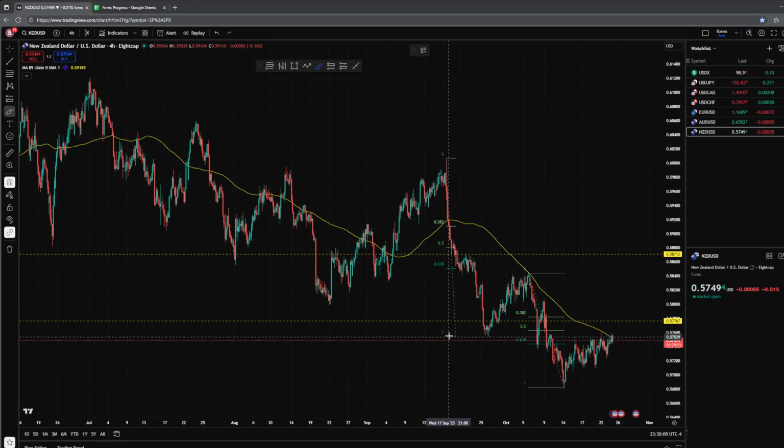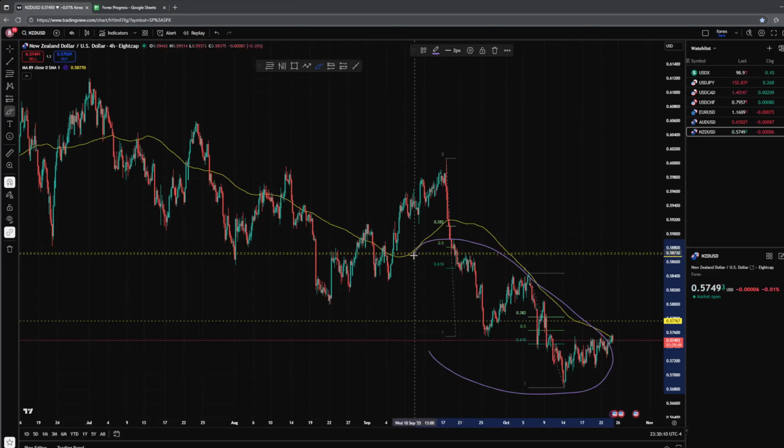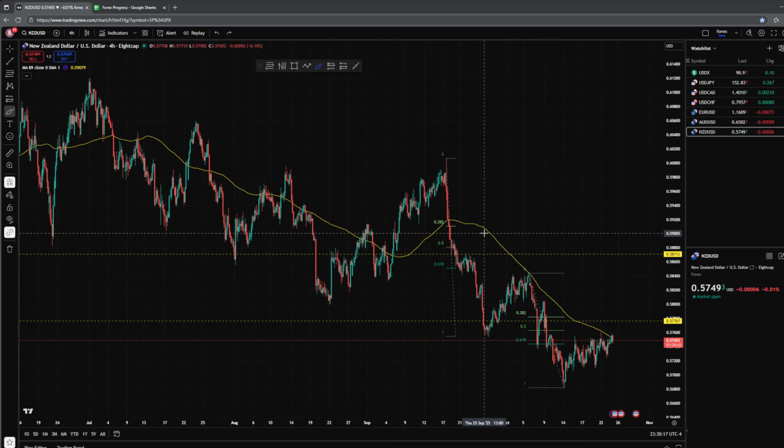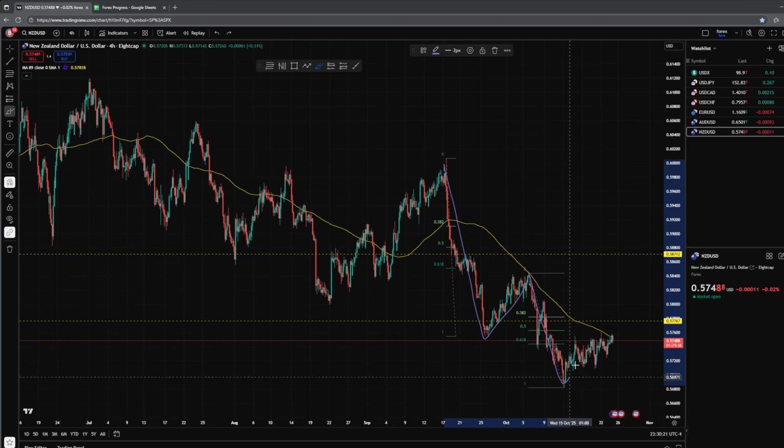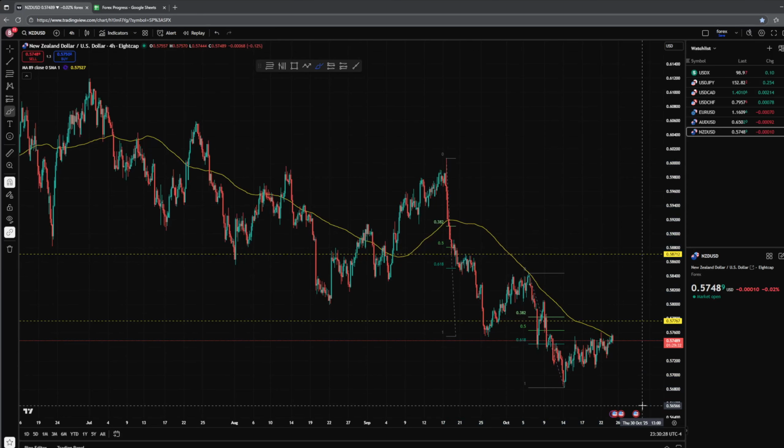Here the market is behaving so that the majority of the candles and price action are happening below the yellow moving average line. We got a nice down leg, retracement, down leg, retracement. Now the market should soon return into the original downtrend like this.